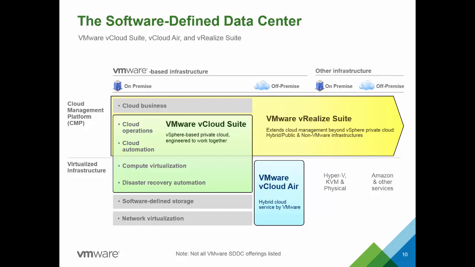This slide here, I'm not going to go into detail on it, but when we're talking about some of the old suites as well as these new vRealize suites and offerings, you see here we've got the on-premise, you've got off-premise, whether it be our vCloud Air or whether it may be Amazon or Azure, depending on what you have, and whether you have them individually or whether you're using them both together in a hybrid type of form.